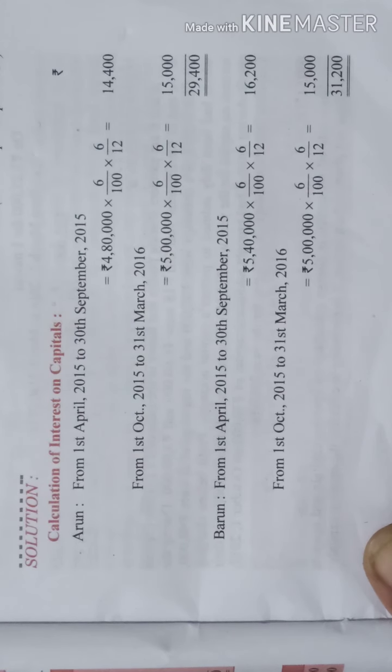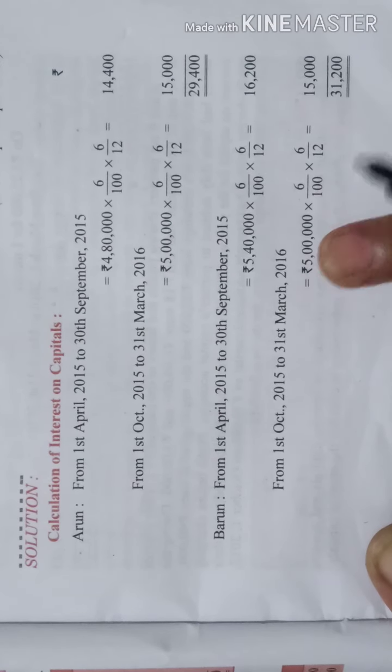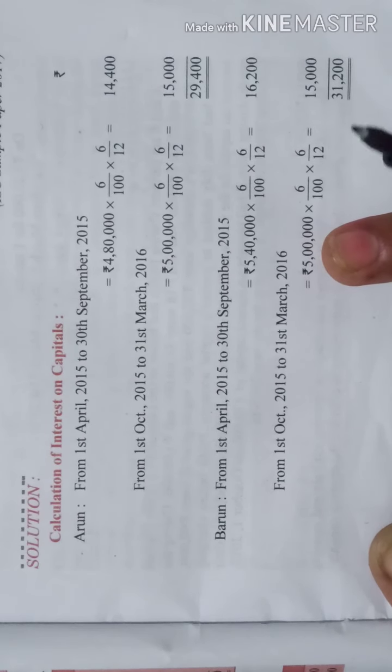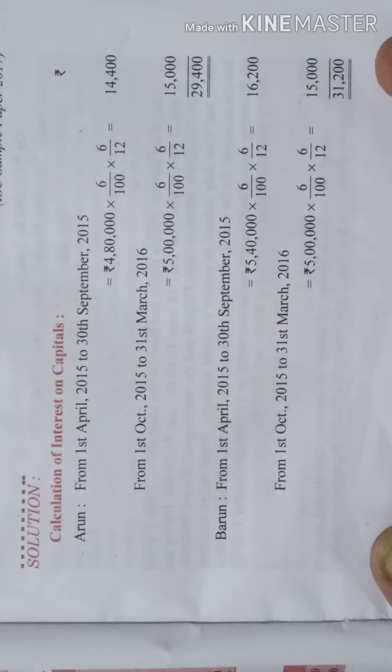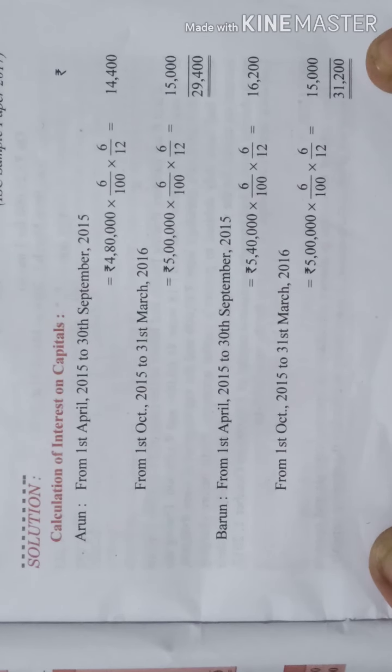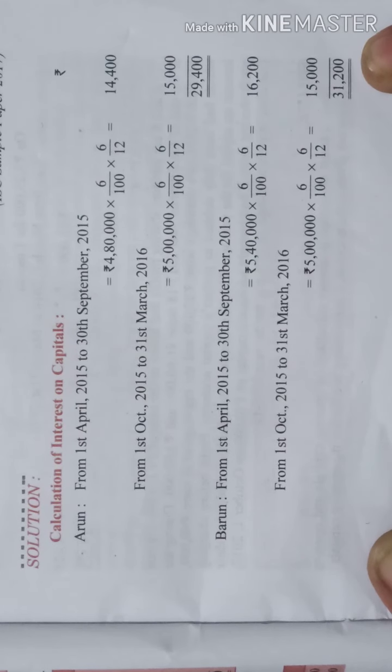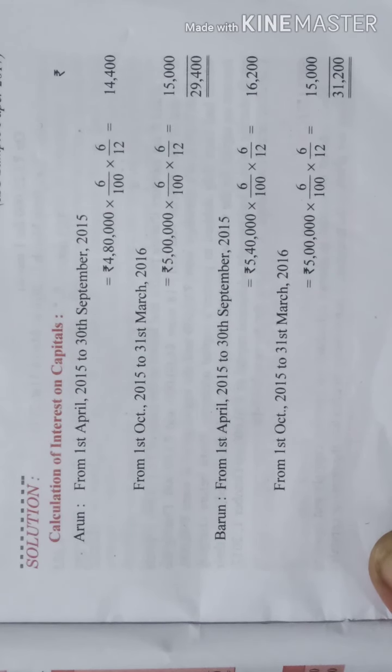Now in case he has given more capital, what will be done? He will take away the capital. Okay. So he will be given interest on 5 lakh for next 6 months. Now both of these will be added, and the amount, that is 31,200, is the interest for Barun for the complete year. Am I clear?